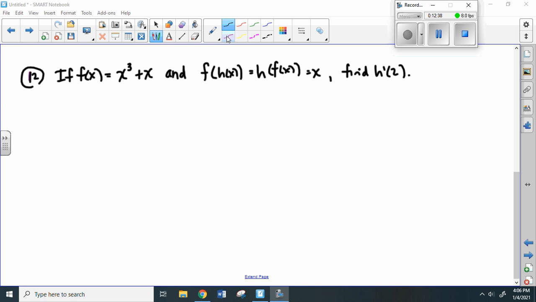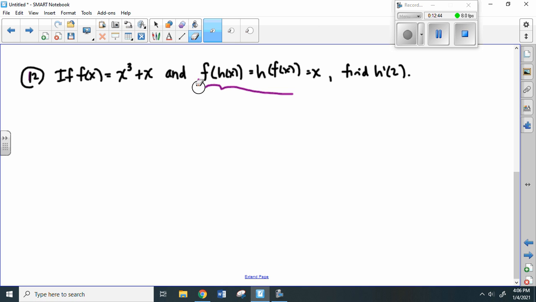All right, well, the first thing you need to understand is that this is telling you that f and h composed together, that if I compose f of x and h of x, and I get x for both, that tells you that they are inverses of each other, okay?